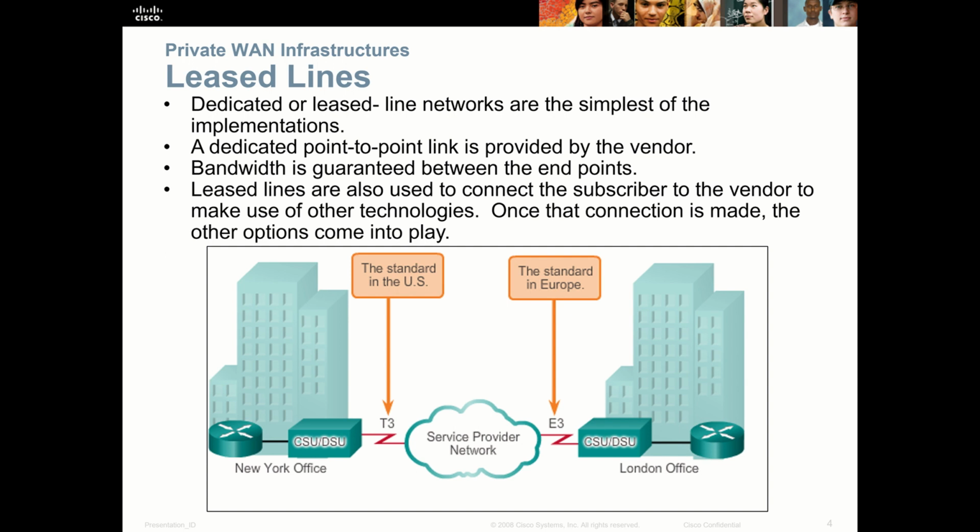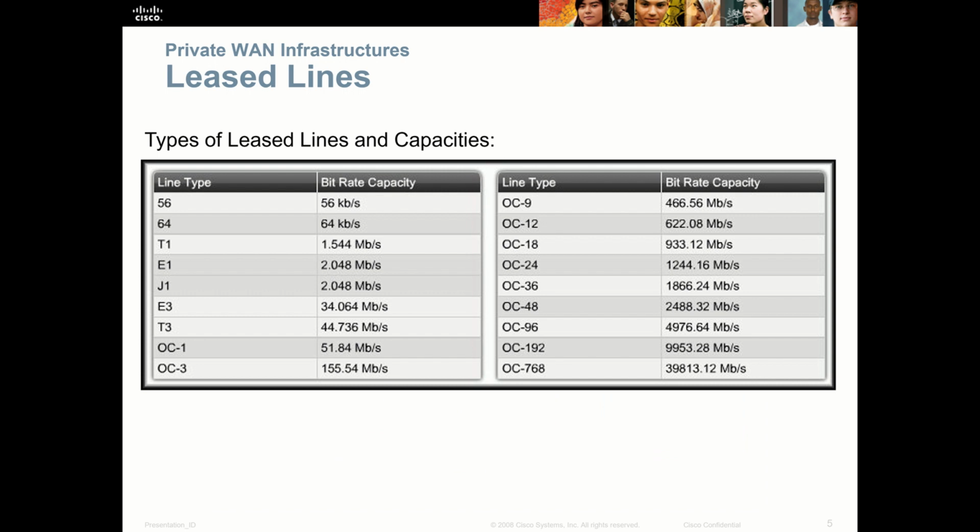The T1 standard, or in this case T3, is usually used in North America, and for European countries they will use the E1 standard, or in this case E3. So that's the difference, depending on the continent where the organization resides.